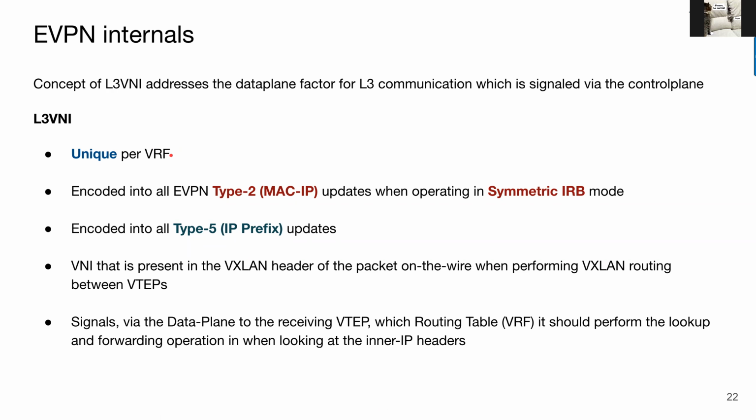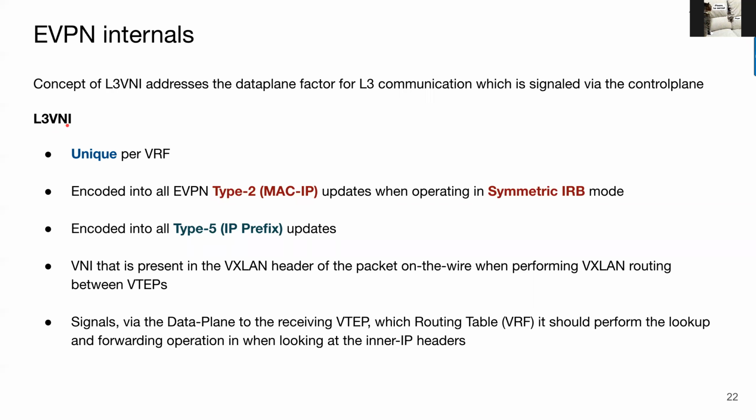We modified it to use it within the data center and we called it VRF-Lite. We're using it again for EVPN and we're calling it an IP VRF. So we have a MAC VRF for our layer 2. We have an IP VRF for our layer 3. We have an L2 VNI for our data plane forwarding. And now we have this L3 VNI for our layer 3 forwarding.